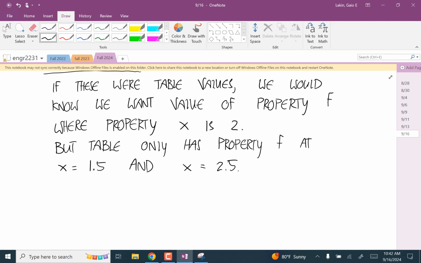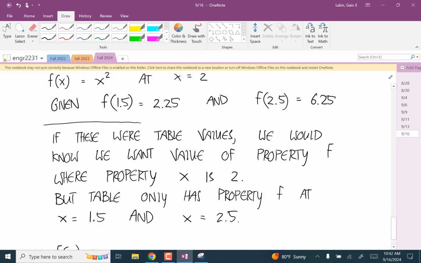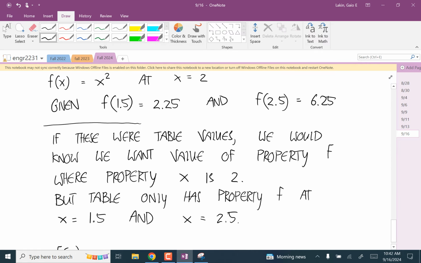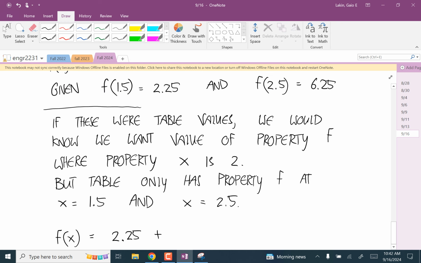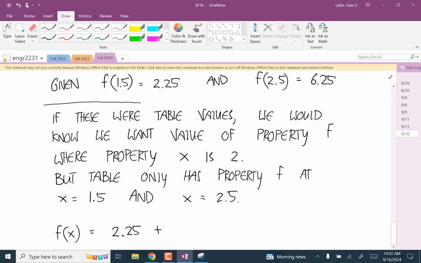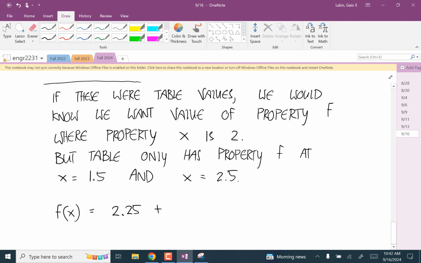So f of x is equal to f at x1, which is 2.25. Okay. Plus, now we have the slope. So that's going to be f at 2.5 minus f at 1.5.